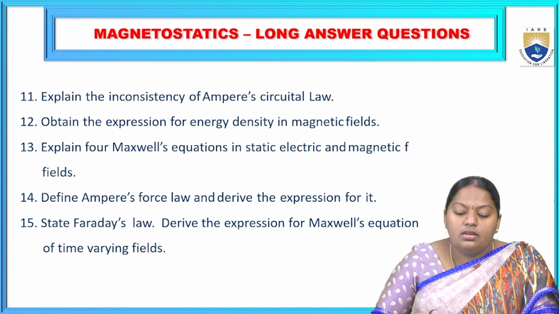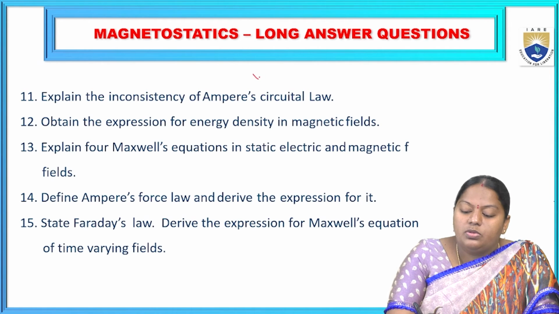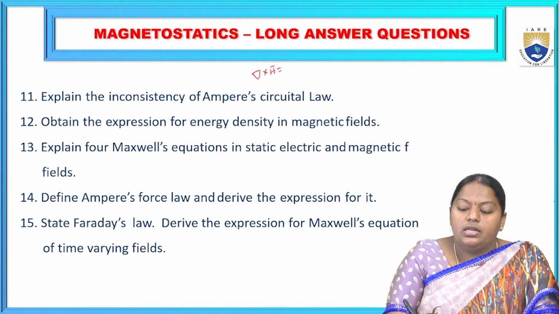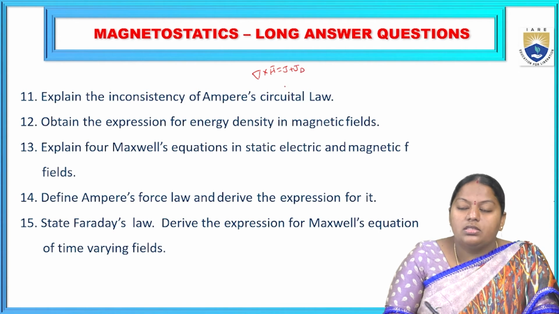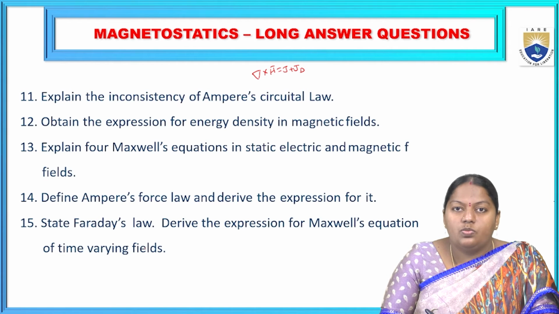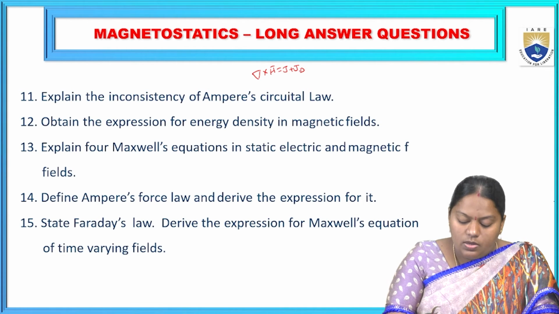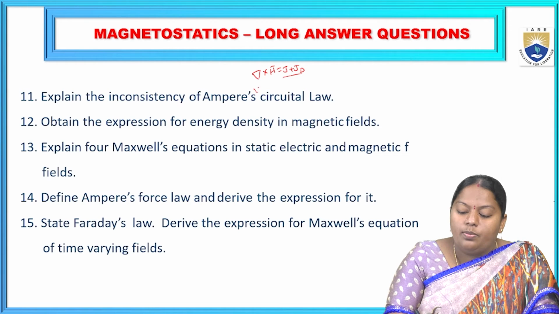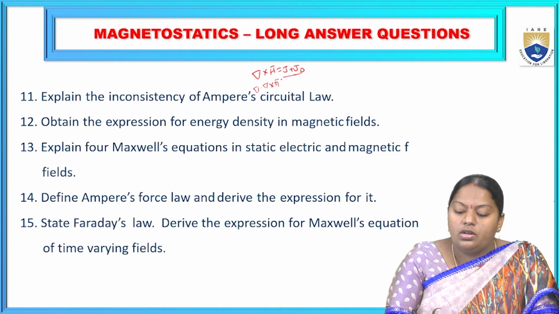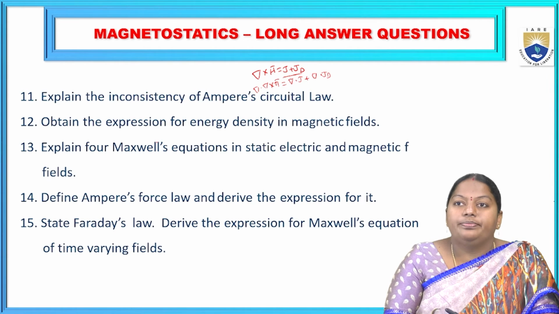Next, explain the inconsistency of Ampere's circuit law. We add an extra term to the conduction current density in Ampere's circuit law, del cross H bar is equal to J. By adding the extra term JD, the displacement current density, J plus JD is said to be the modified form. Then applying divergence on both sides, del dot del cross H bar is equal to del dot J plus del dot JD.